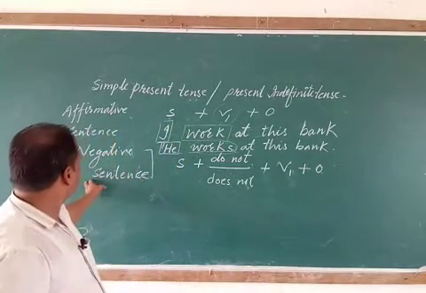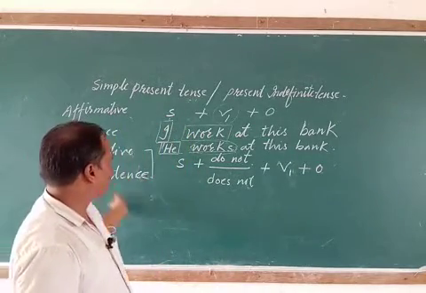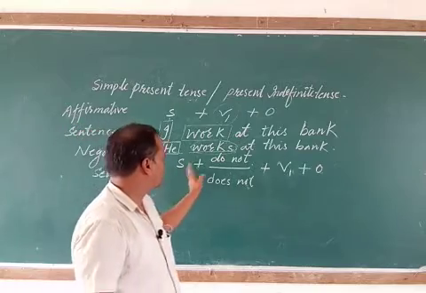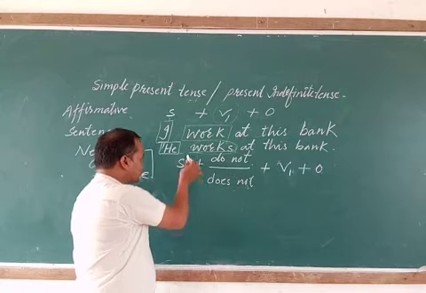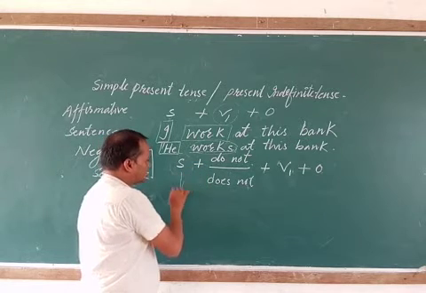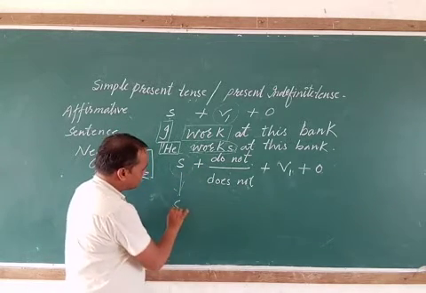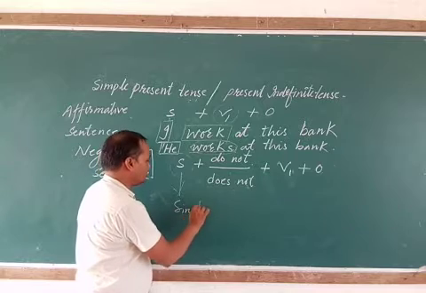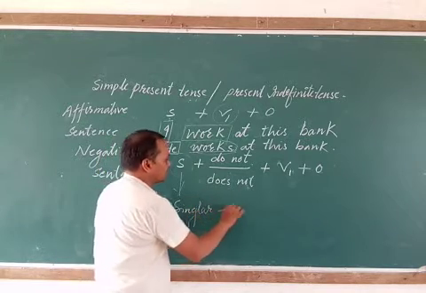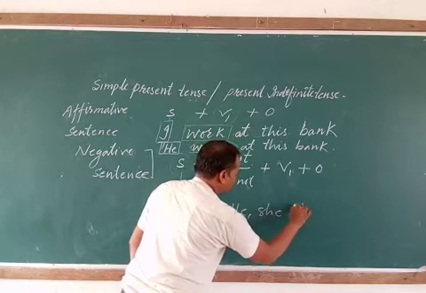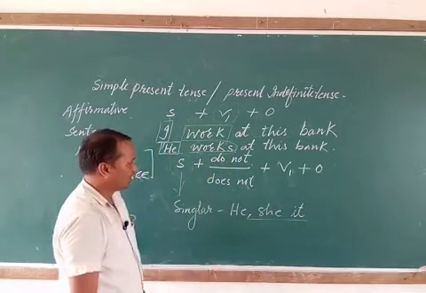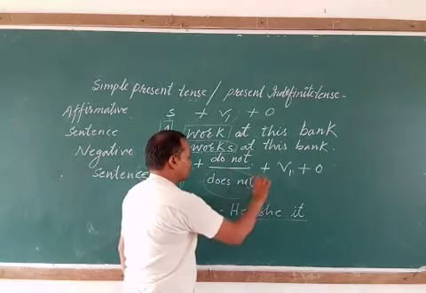Now come to the next part. We are going to discuss the negative sentence. So subject plus do not plus verb first form plus object. If the subject is singular, what is the meaning? Means if the subject is he, she or it, then we will use does not.